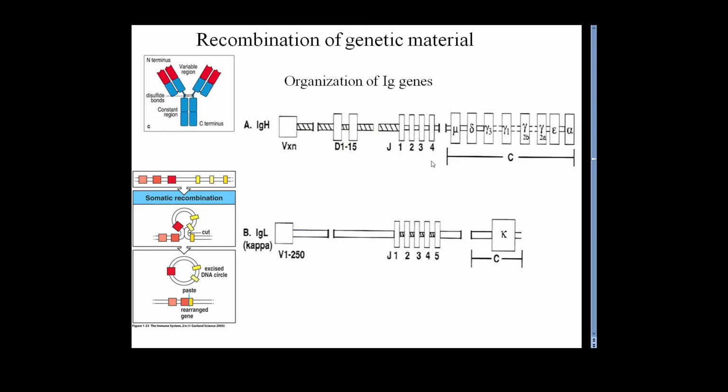It consists of pieces, places, elements which can have a different number of repeats but differ in the sequence of the DNA part. It is the so-called V part, which consists of some hundreds of variants of pieces. The D part in the heavy chain has some tens, up to 15, and the J part has some elements.